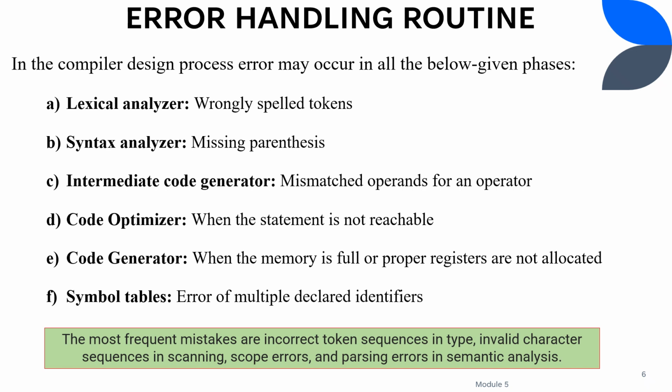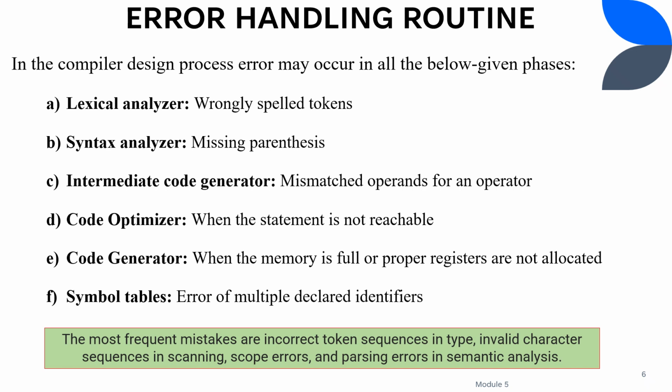If my program has fewer brackets or if the parentheses are missing, then the syntax analyzer will throw a specific error. The intermediate code generator is responsible for throwing an error if the operator and the operands are not matching. The code optimizer is responsible for generating an error if any statement is unreachable.